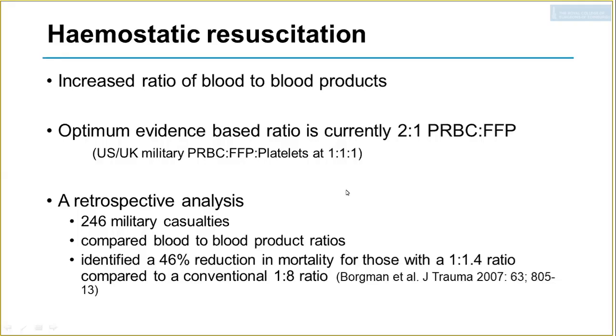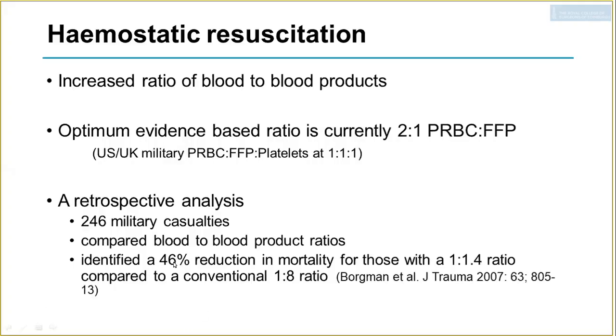And in fact, we're starting, and again, this is happening all over throughout the United Kingdom now, is that the HEMS teams, the helicopter paramedic teams and the medical teams are carrying blood on the helicopter. So this is actually another transfer into civilian practice. And again, there's significant reduction in mortality.